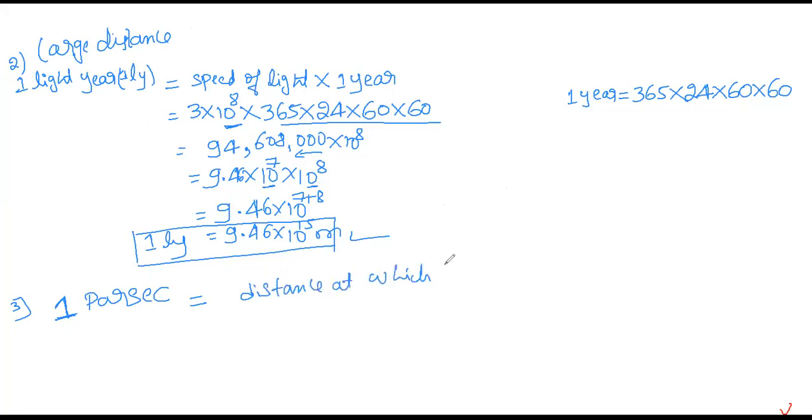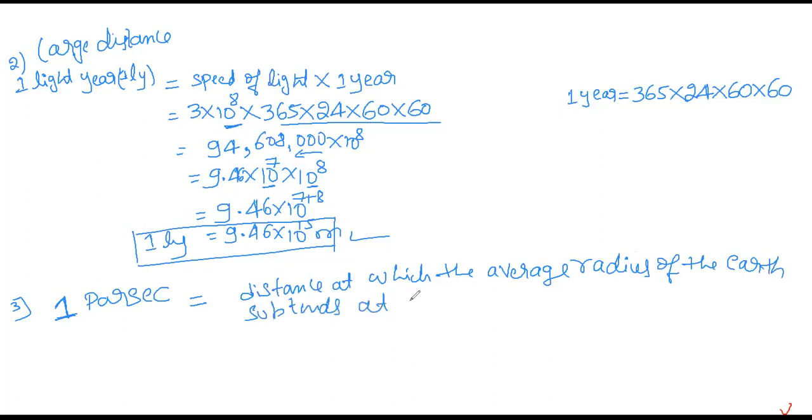1 parsec is the distance at which the average radius of the earth subtends an angle of 1 arc second.